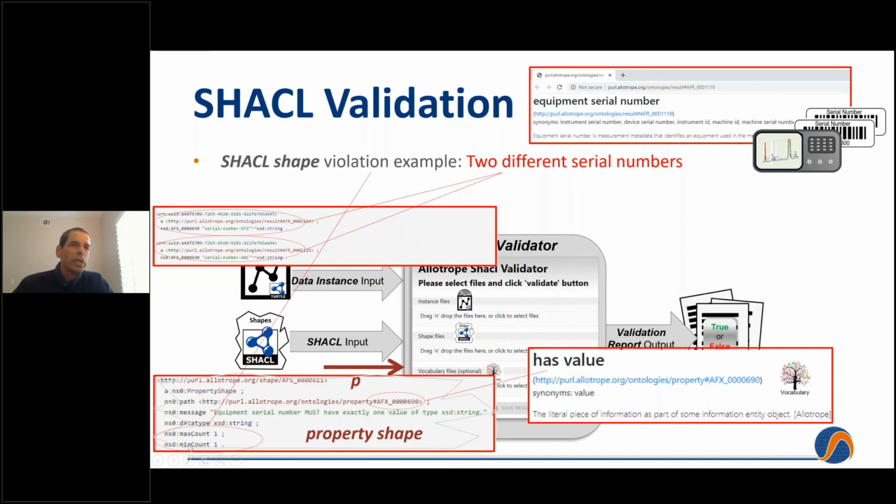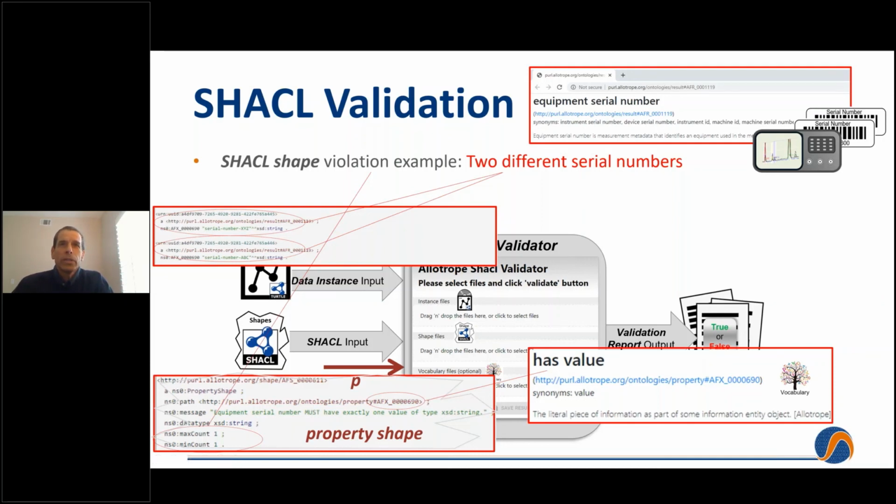Maximum count 1, minimum count 1, which means the cardinality is exactly 1, and the data type is string. And we see here a message: equipment serial number must have exactly 1 value of type string. And we'll see what happens to the validation report once it is violated.